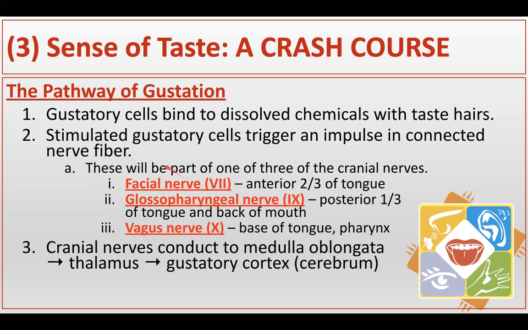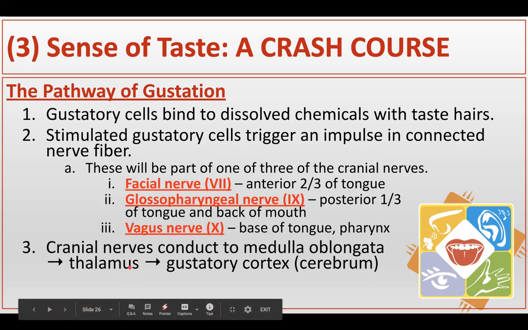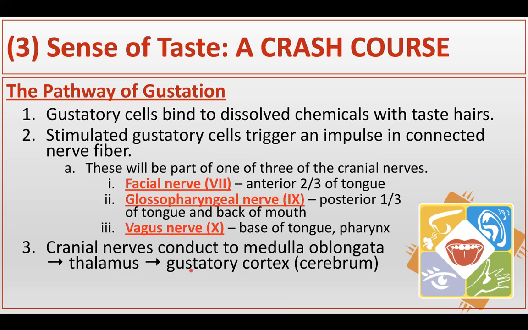Okay, but even though we have 3 different cranial nerves, all of them are going to conduct their sensory impulses to the medulla oblongata, which delivers the sensory impulses up to the thalamus, which will then deliver the sensory impulses up to your gustatory cortex, which is part of your cerebral cortex, which is part of your cerebrum. And that is your sense of taste.